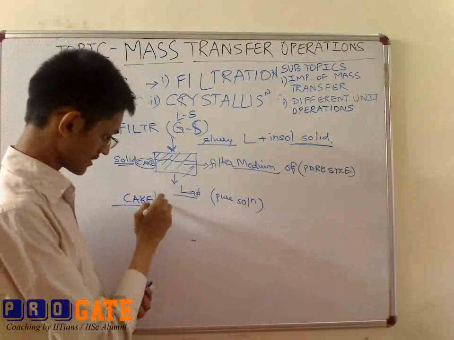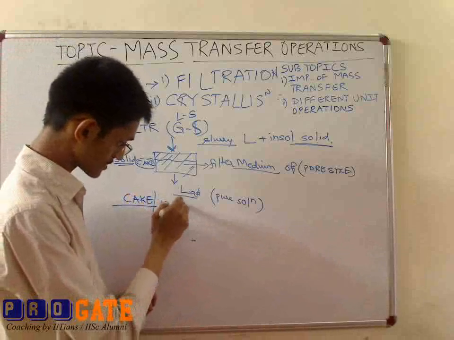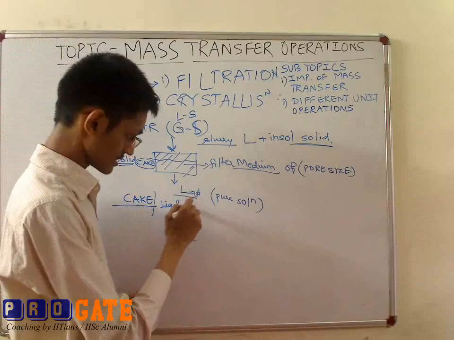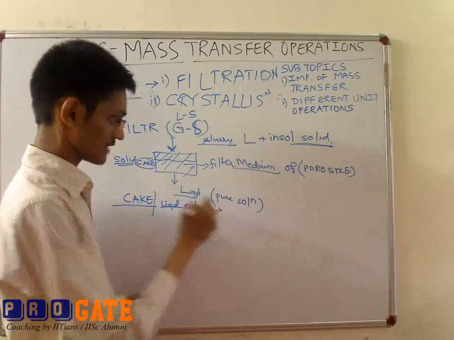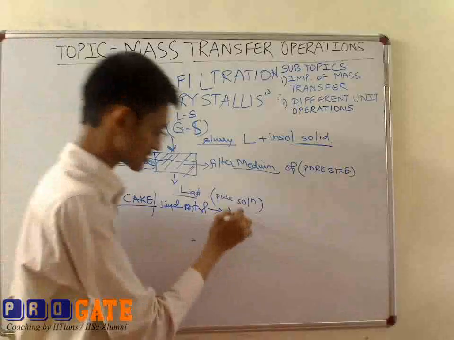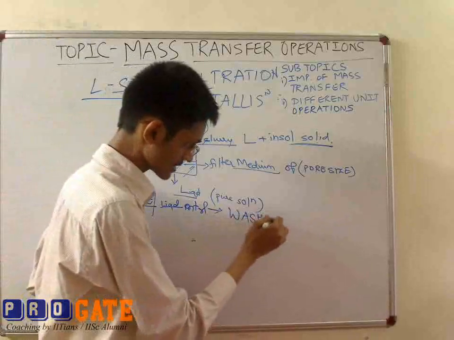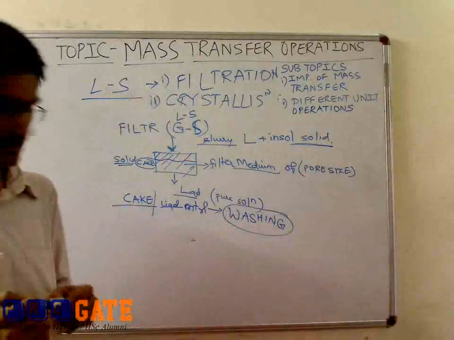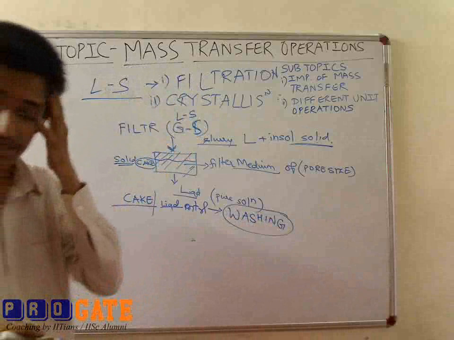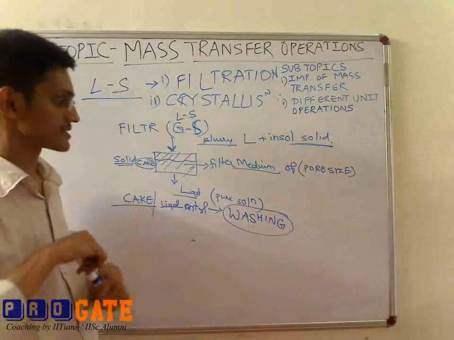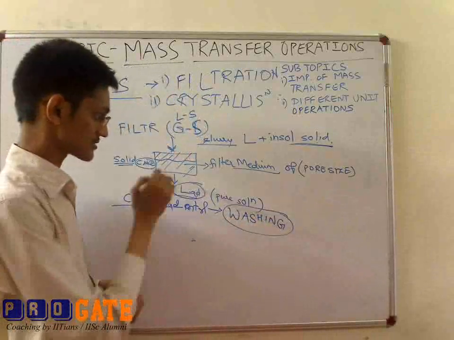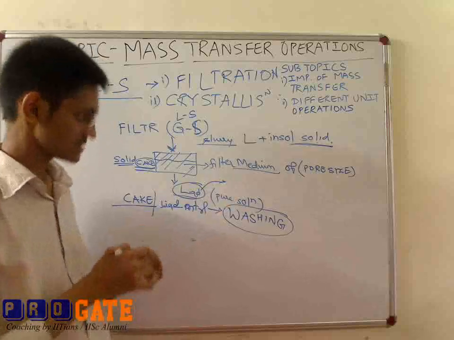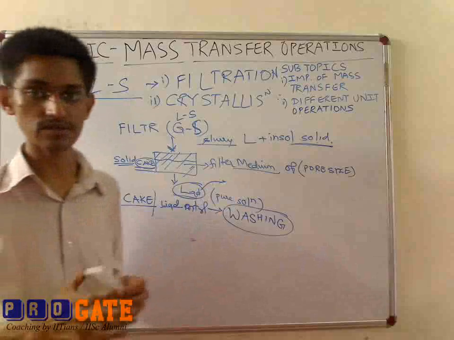This cake may be in contact with still some liquid material. So after filtration, always washing operation of the cake is carried out so that the cake is fully devoid of the liquid material. Depending on the end use, what's your main objective, either to make use of the liquid or use of the solid, you design the operation.